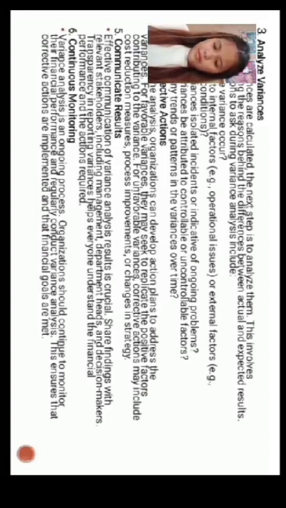So the last is continuous monitoring. Variance analysis is an ongoing process. Organizations should continue to monitor their financial performance and regularly conduct variance analysis. This ensures that effective actions are implemented and that financial goals are met.